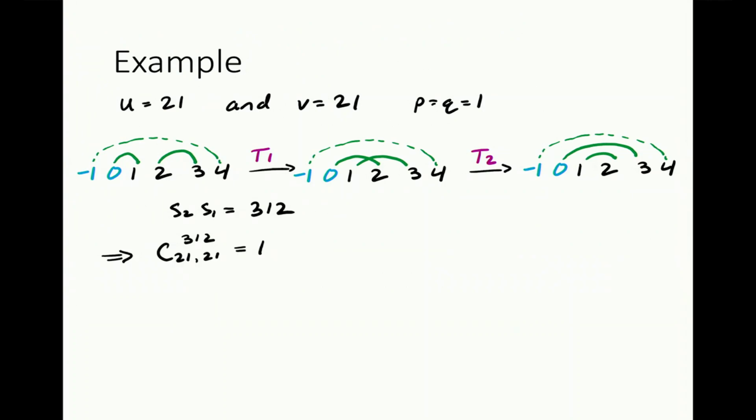Okay, so in our example from before, this is a different example now, but we look at our starting clan, and then we can apply T1, for instance, to get this crossing. Then we can apply T2 to uncross those two arcs. But now, because we're just interested in permutations of SZ+, we're only going to allow ourselves these positive index TIs.